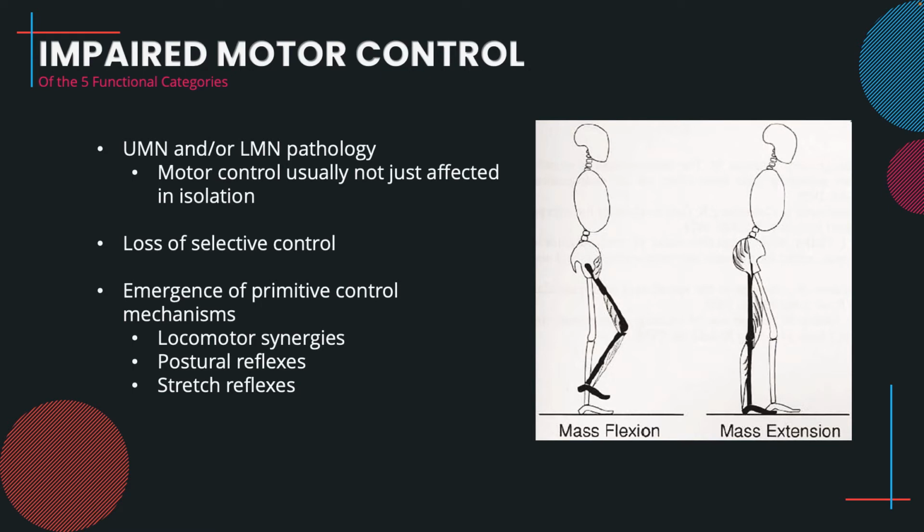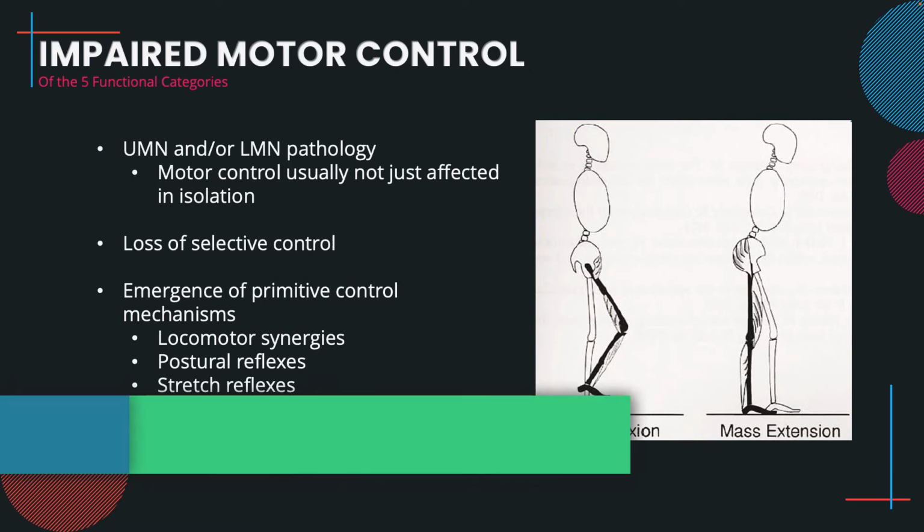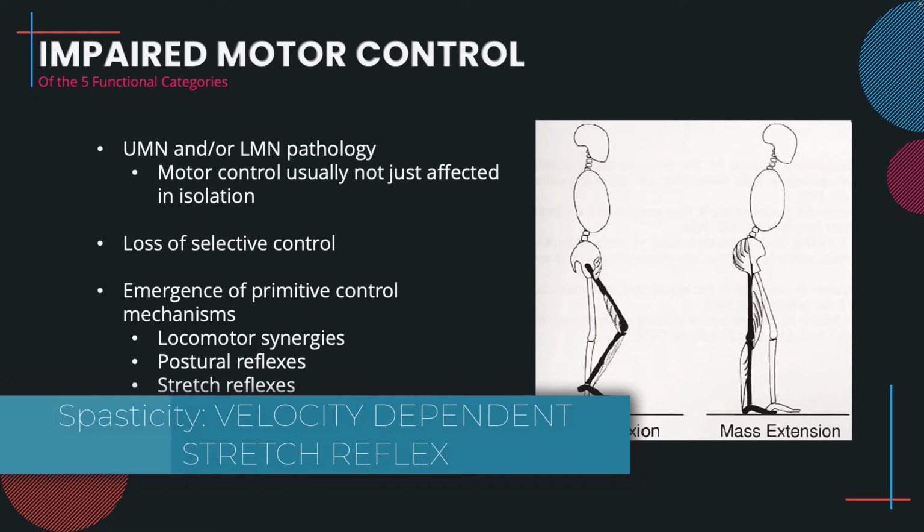One of the most common things that we see disrupting gait are our stretch reflexes. The intensity of our stretch reflexes can vary with the velocity of the stimulus, and that we would term spasticity. So spasticity is a velocity-dependent stretch reflex.